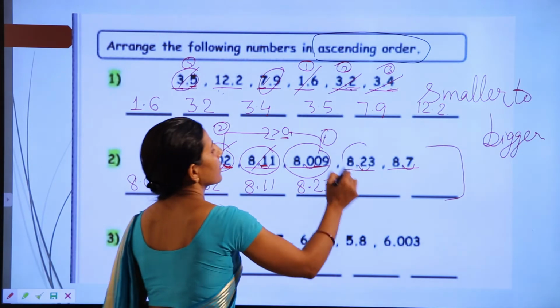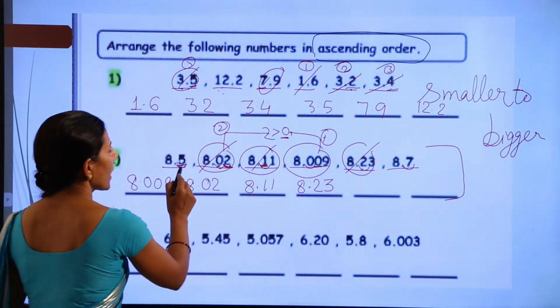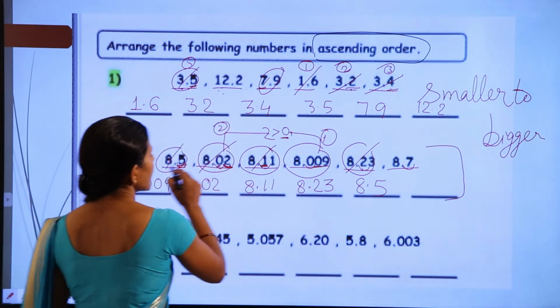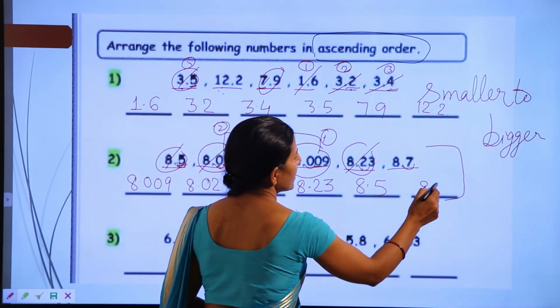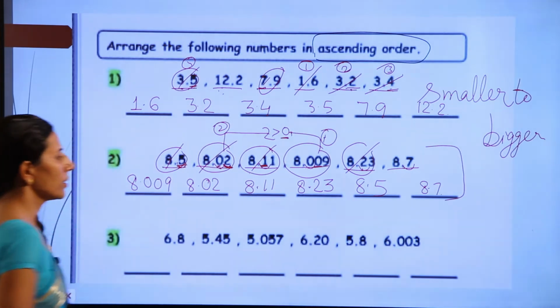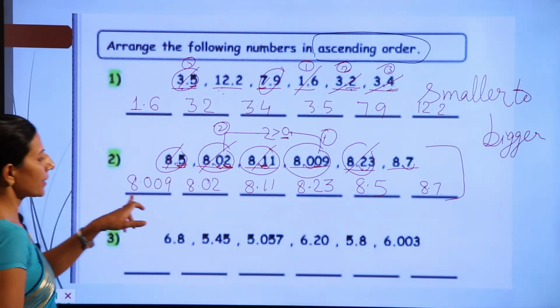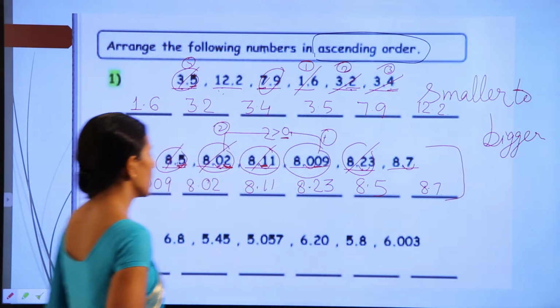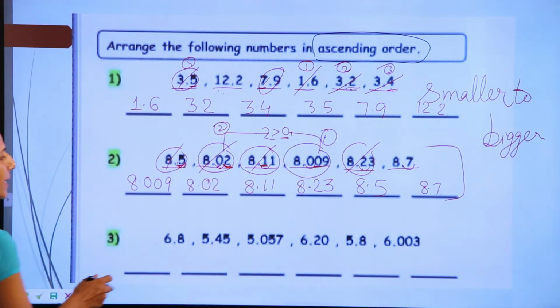Okay, and then 5, 8.5, and the last one is 8.7. Right? You got it? We arrange these numbers from smaller to bigger. Okay, we have one more example.